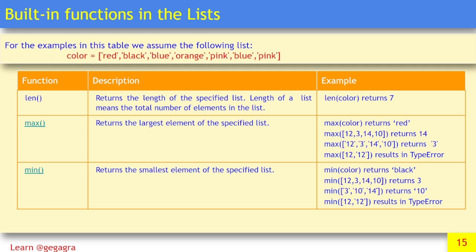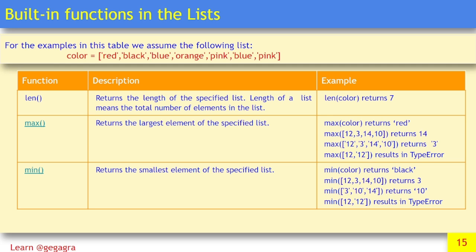The total number of items in list color is 7. The next function is the max function, which gives you the maximum value in the list. If I want to find the maximum value of the color list, it should be red. Why red?